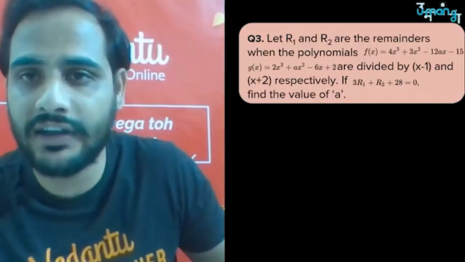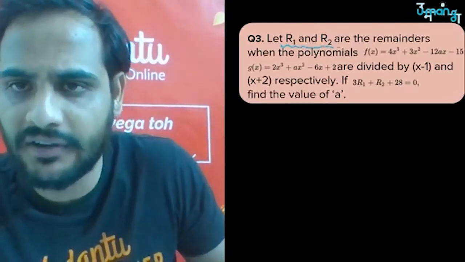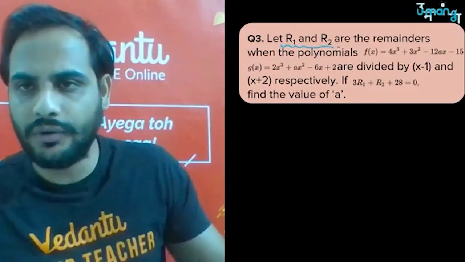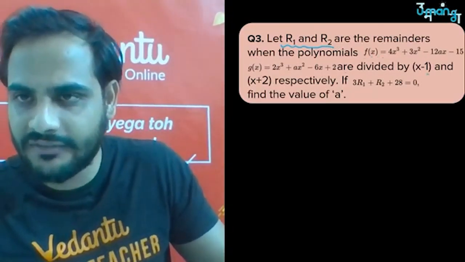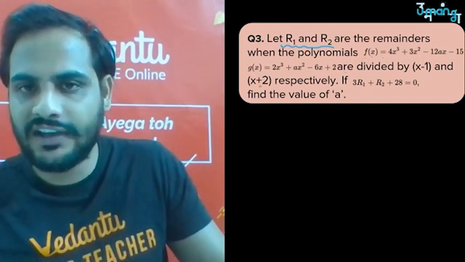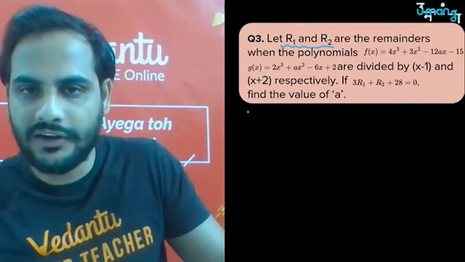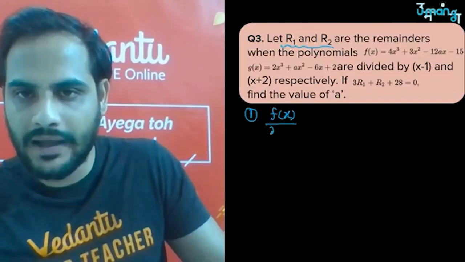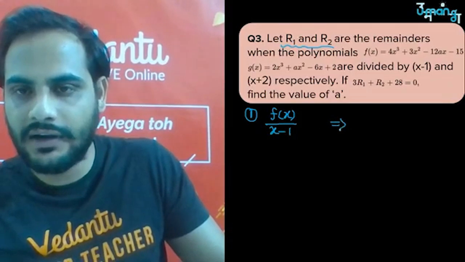Now you can see very well that they are talking about remainders. The first step is I will find out the remainders in both the cases. So you are dividing this f(x) by x minus 1 and this g(x) by x plus 2, right? So let us talk about case 1. When I am dividing this f(x) by x minus 1, let us see what your remainder will be.